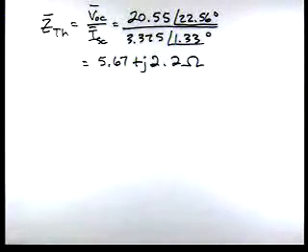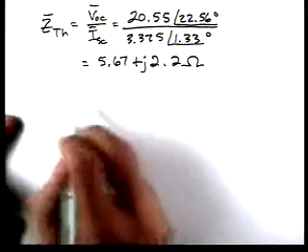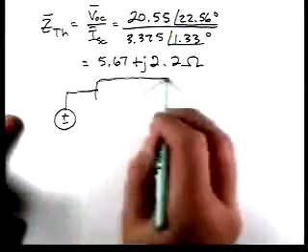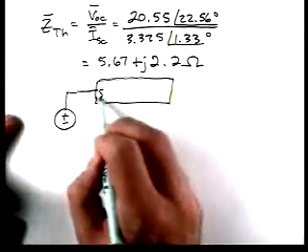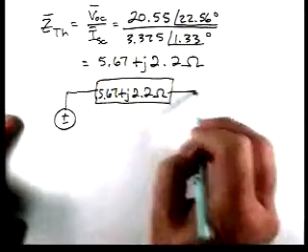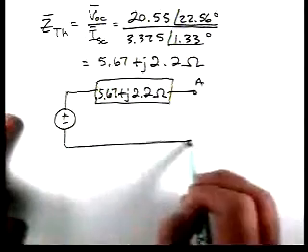Now we need to draw the Thevenin equivalent circuit. So our Thevenin equivalent circuit, and there's our Z Thevenin, and the open circuit voltage.